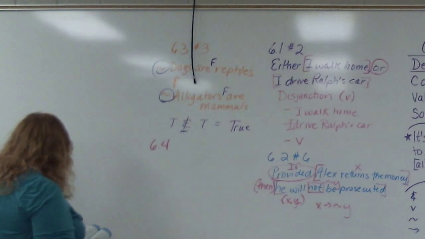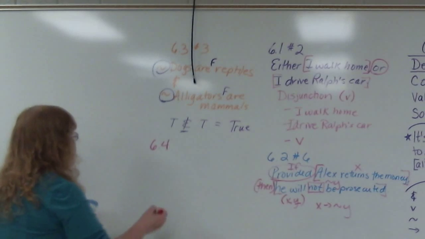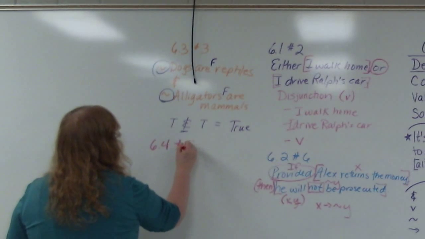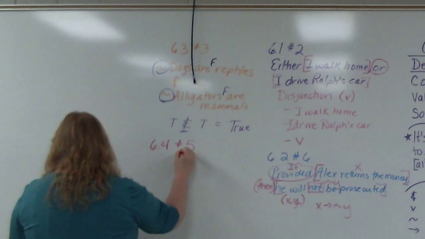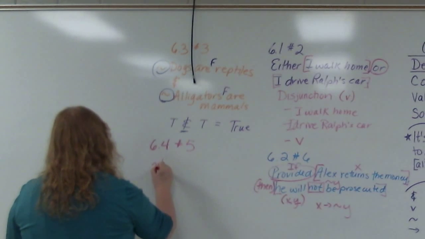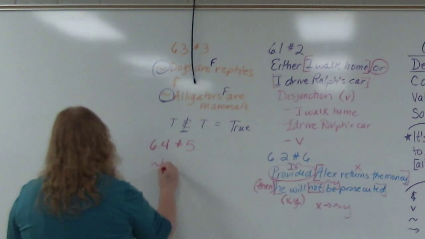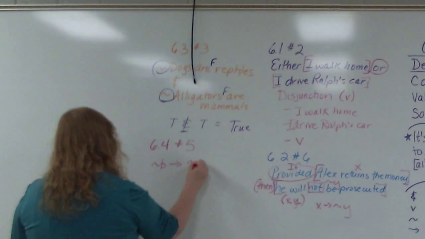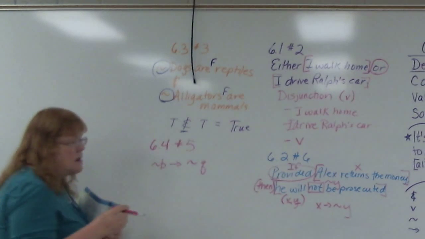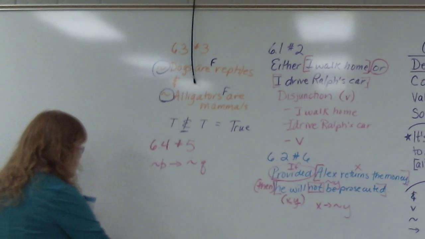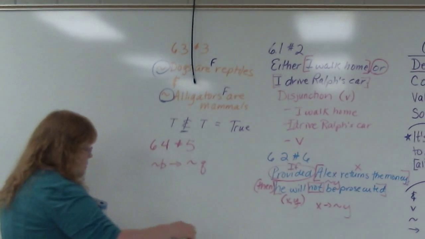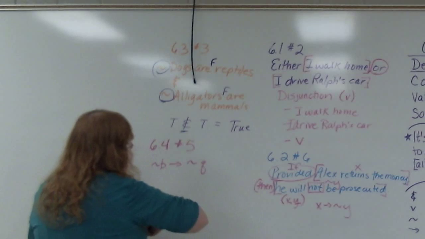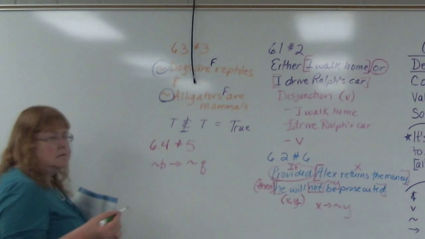So in 6.4, number 5, okay, we have not B, if not B, then not Q, okay? So A, B, and C are true.